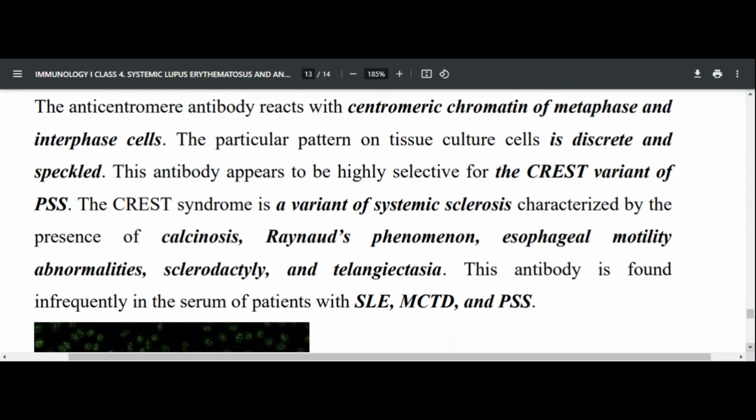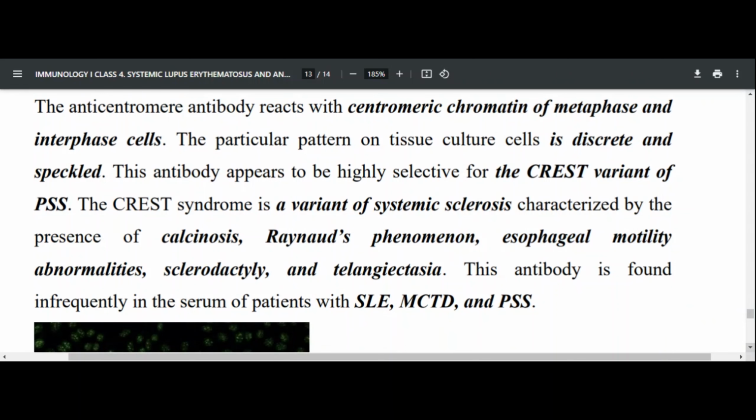It is not frequently seen in other conditions. So when you are asked what anti-centromere antibody is, it is an antibody normally detected in PSS of the CREST variant, right?